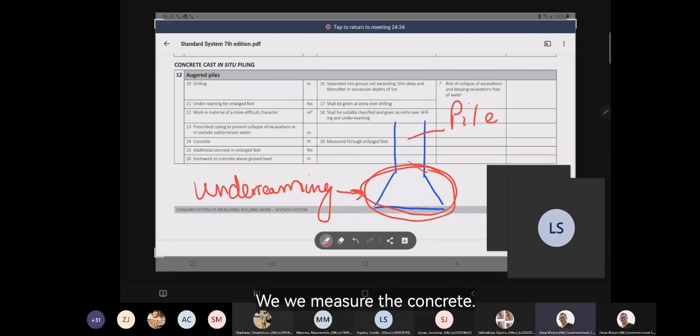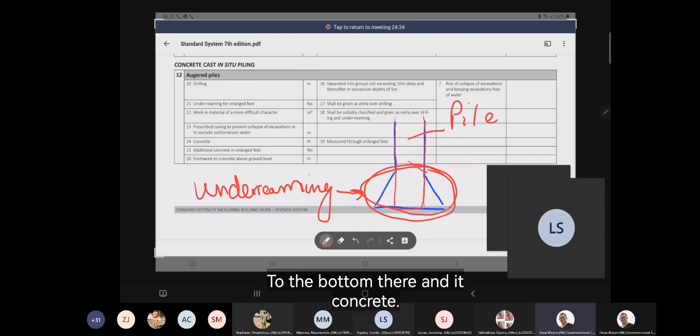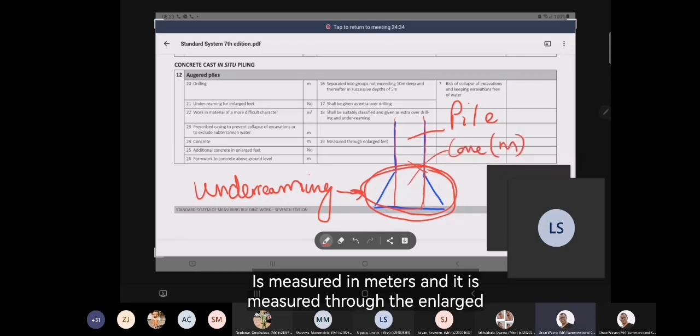And when we measure the concrete, we measure it according to the standard system, through to the bottom there, and that concrete is measured in meters, through the enlarged foot.